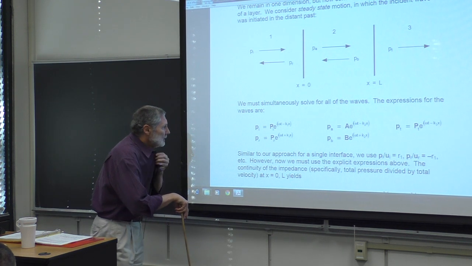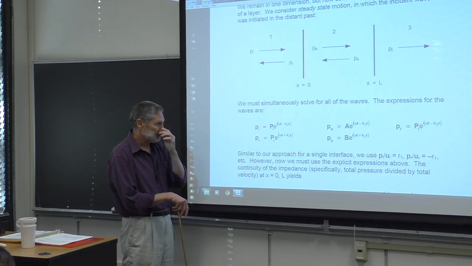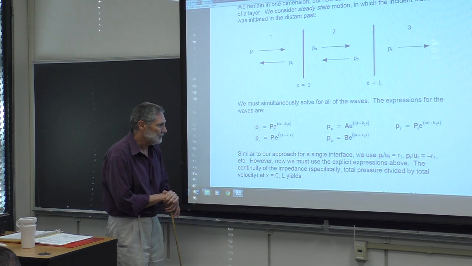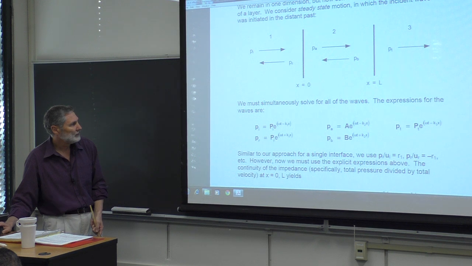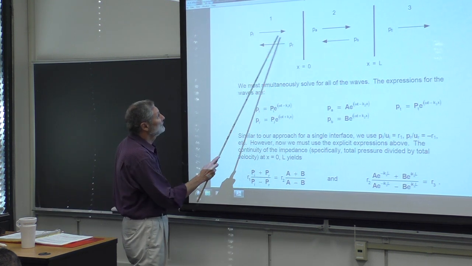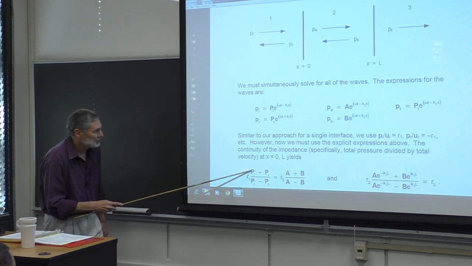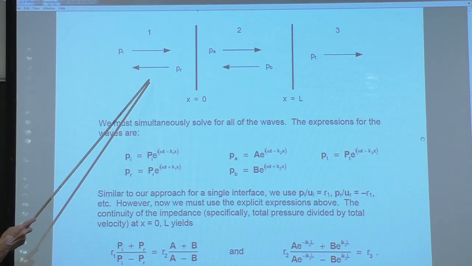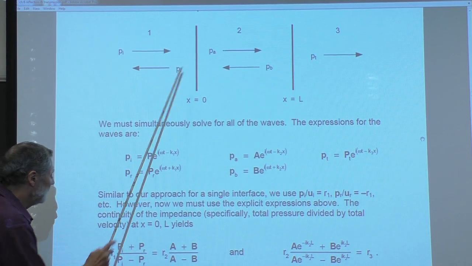So here we have to use these expressions. It's more complicated than the previous case. So what you do is you set the instantaneous pressure, the total pressure on the left side, which is the sum of these two pressures, so you're going to get something that looks like this, equal to the sum of the pressure over here, right at the boundary.